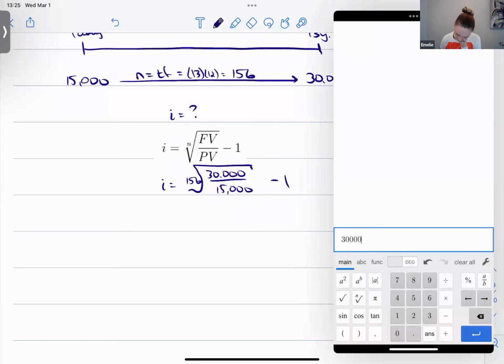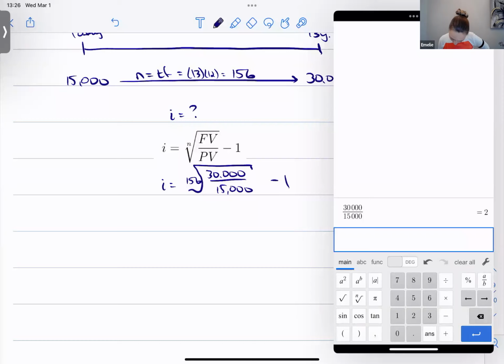I think we all knew where that was going, but I want to have it in my calculator, right? So that I can go back and look at these values, make sure that they make sense. Okay, good. So this is just going to be 2 to the 156th power.